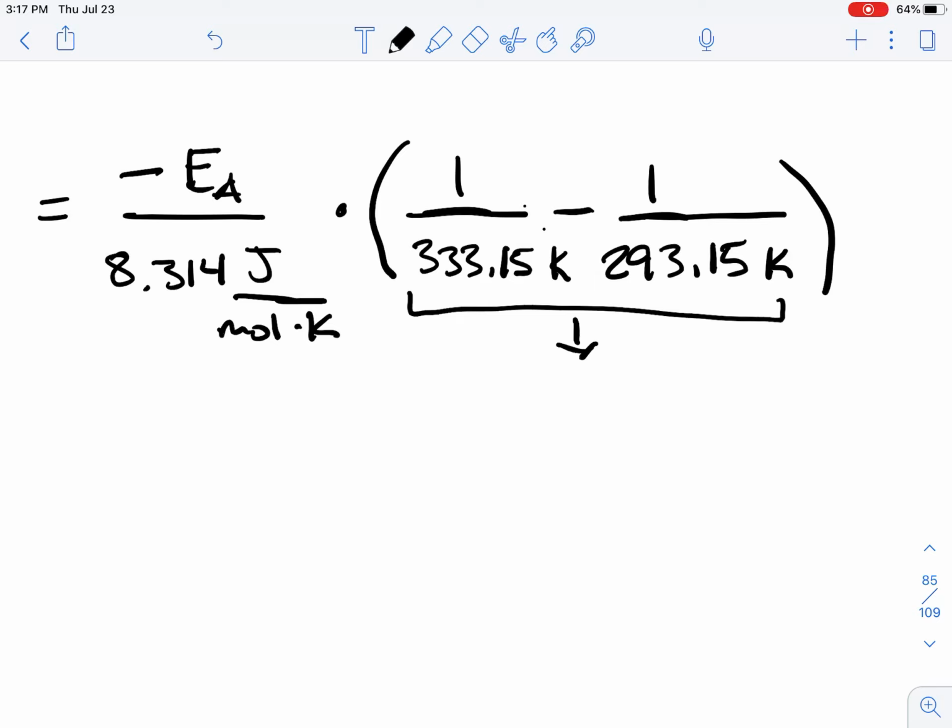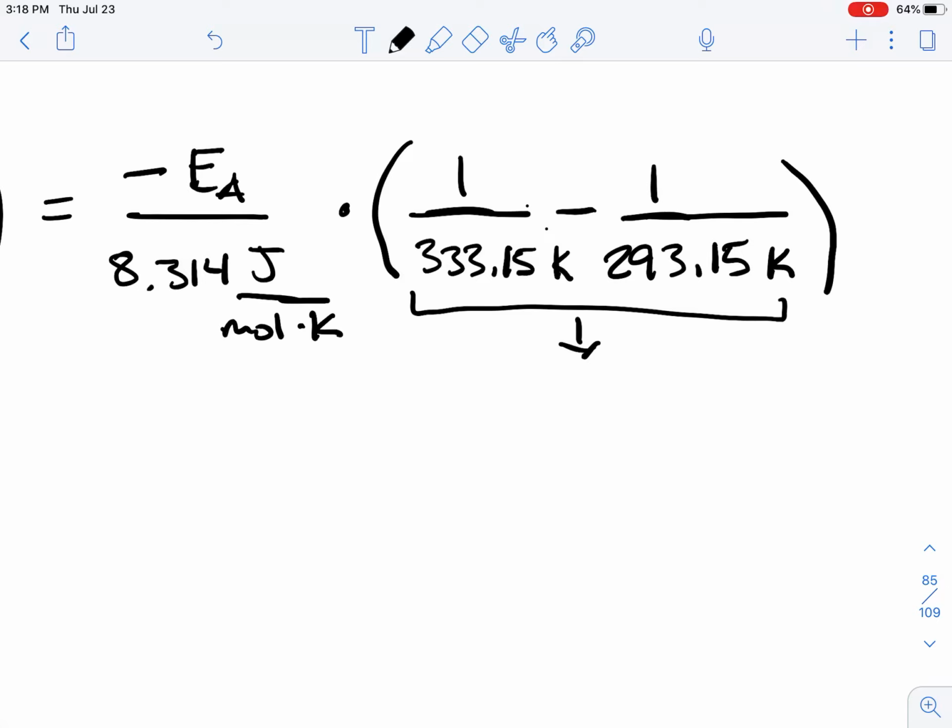And so the way that you guys are typing this in your calculator is going to be different than what I just said, depending on what your calculator is. Excuse me. So the calculator that I have is a Casio FX-300ES Plus. All right. And so I'm going to go ahead and plug all this in, and what I get is negative 4.0957, and then there's a whole bunch of numbers, times 10 to the negative 4.